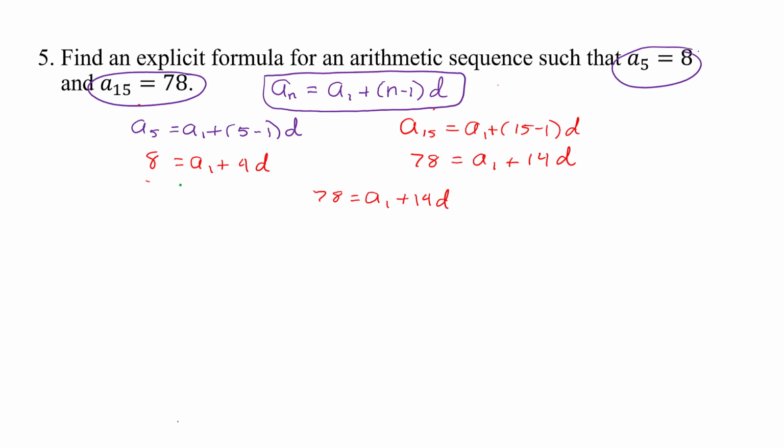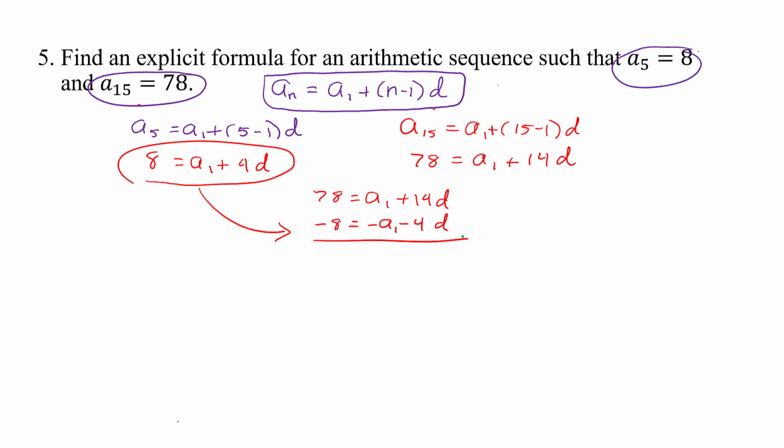And then if I multiply my other equation here by negative 1 on both sides, I have negative 8 equals negative a sub 1 minus 4d. I'll add these two equations together, and we have 70 equals 0 plus 10d. That gives us d equals 7. Okay, so we've got d equals 7.